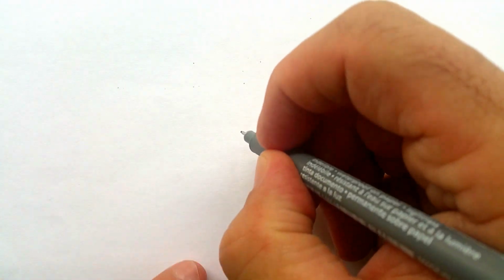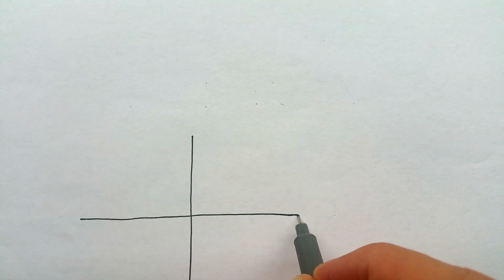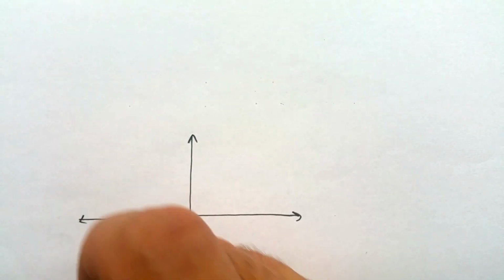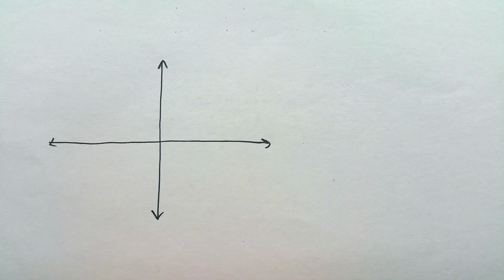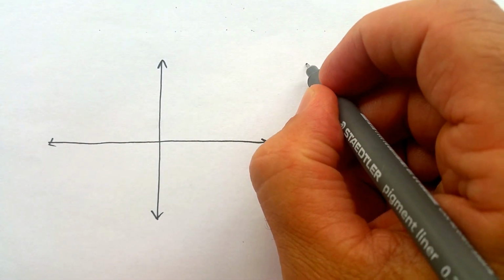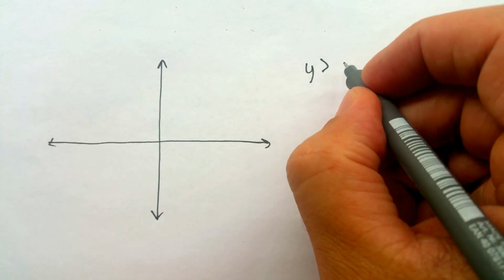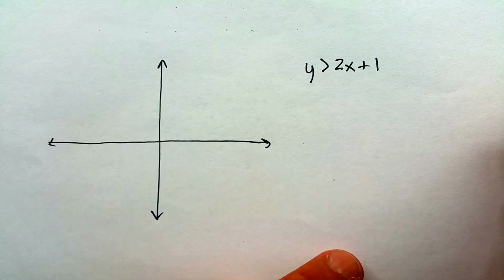Now, two variables means that I need an x-axis and a y-axis. There's my y, here's my x. Okay, and let's just take a very simple two-variable inequality. Let's say I have the inequality y is greater than 2x plus 1.